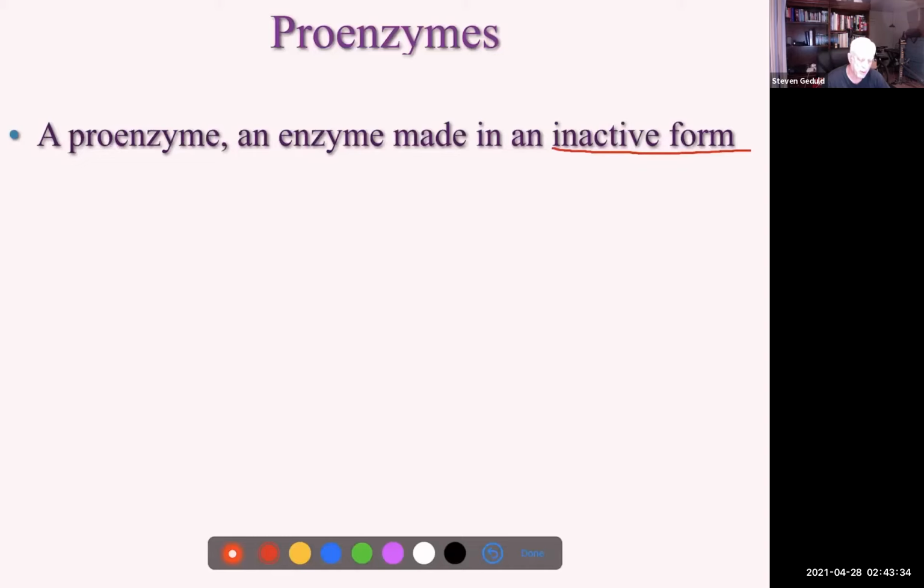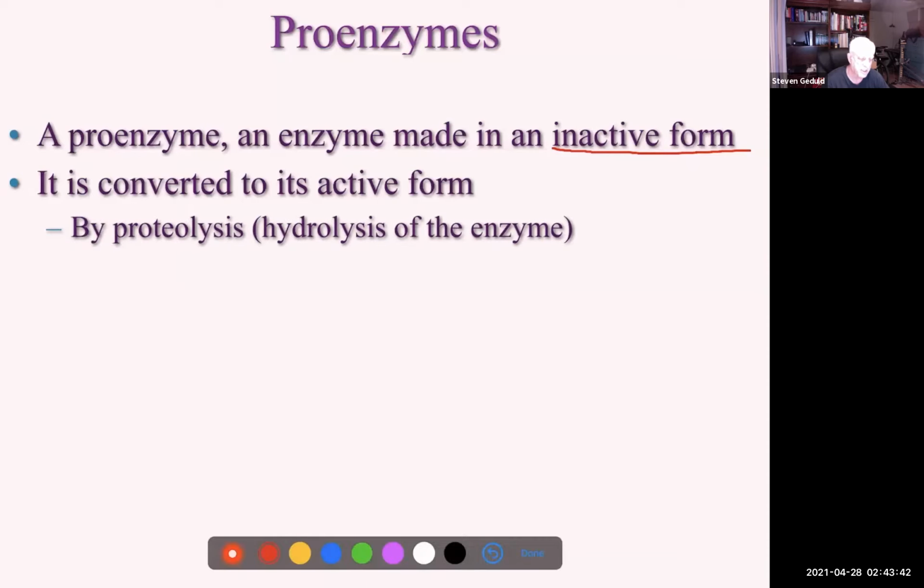It's converted to its active form when it needs to work. It's converted by proteolysis, hydrolysis of the enzyme, removing water from it, bonding something to it, and then it becomes active. Or it can be activated directly at the active site when needed in the cell.